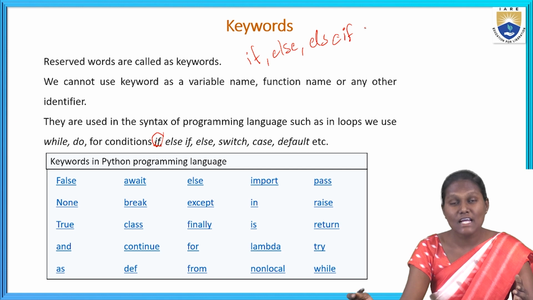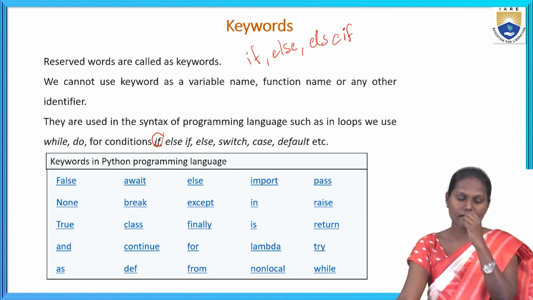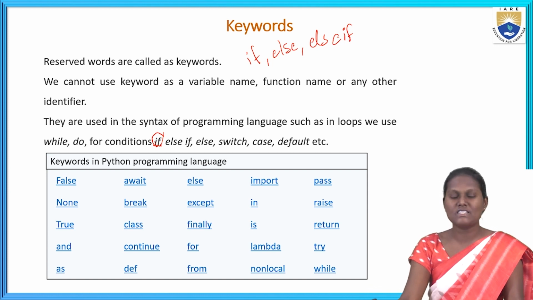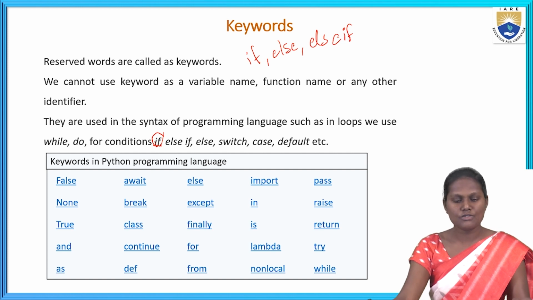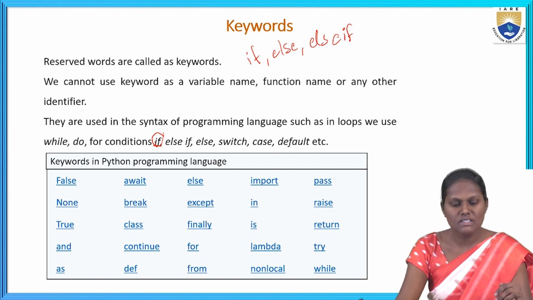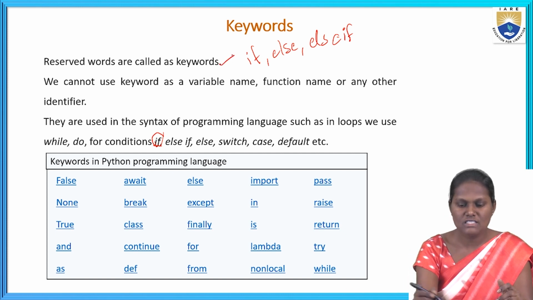These types of words we can call reserved words. They have a special meaning. So we cannot use these reserved words in identifiers either. So here, coming to the keyword section, reserved words are called keywords. Okay, we have to remember this one also.